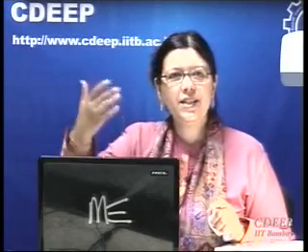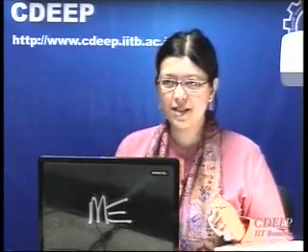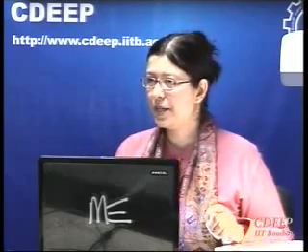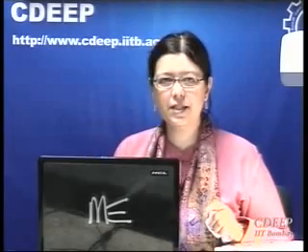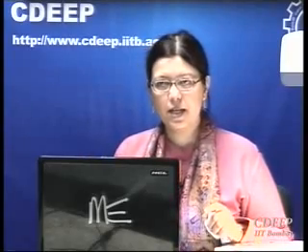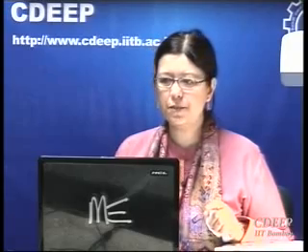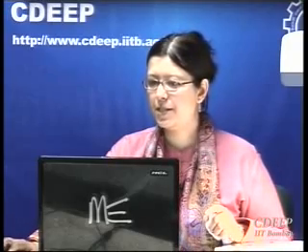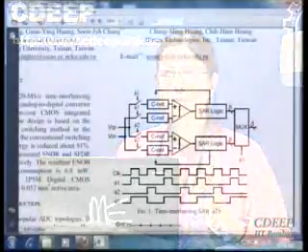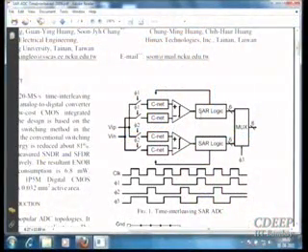Now, how can you use this excess sampling rate that you can achieve? That is where you can interleave stages. Interleaving is different from pipelining in the sense that in pipelining you use the same sampling rate for all stages, while in interleaving you use a higher sampling rate at the input. You have, for example, 2 ADCs, and each of them is operating at a sampling frequency of Fs.